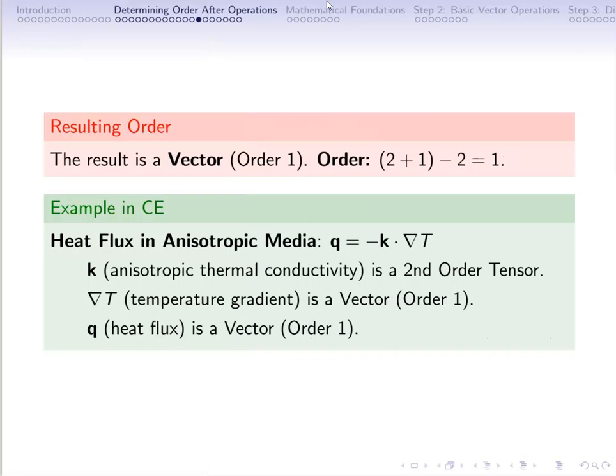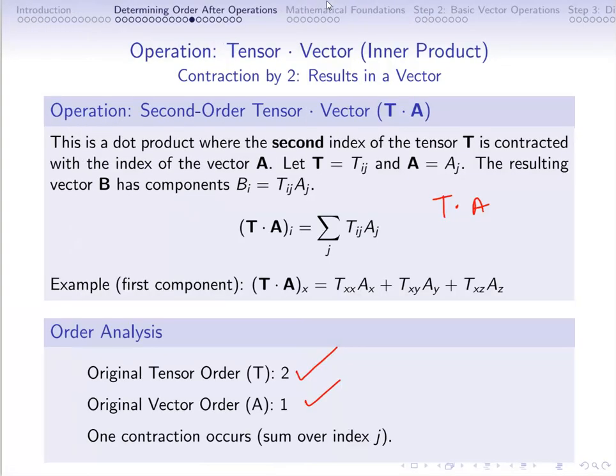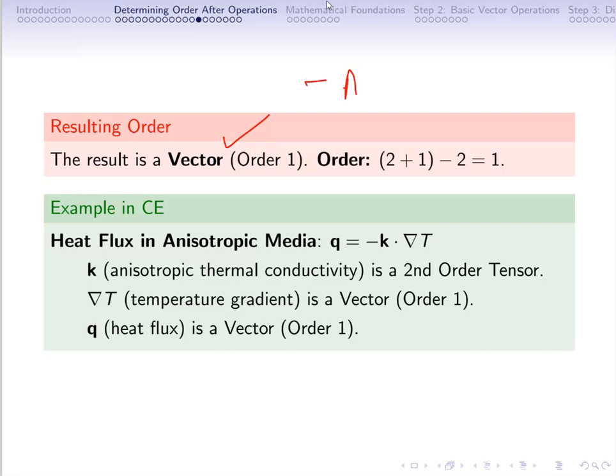Now the result is a vector, order 1. Because of the summation, 2 plus 1 minus 2, that is 1, nothing but a vector, or heat flux in anisotropic media.